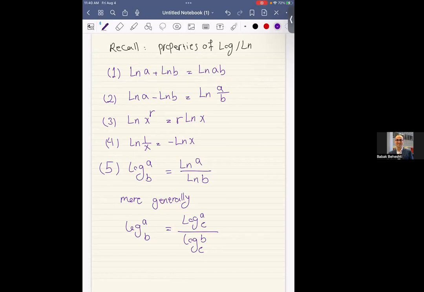You can have any base. In the formula before, the base is e, but here you can use any other base that you want. In particular, if c is equal to e, then you have log of a with base b equal to ln of a divided by ln of b.